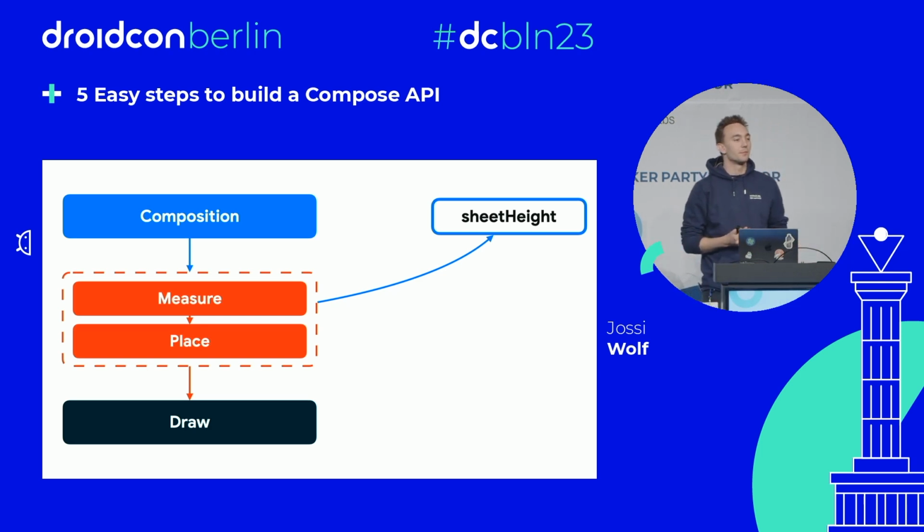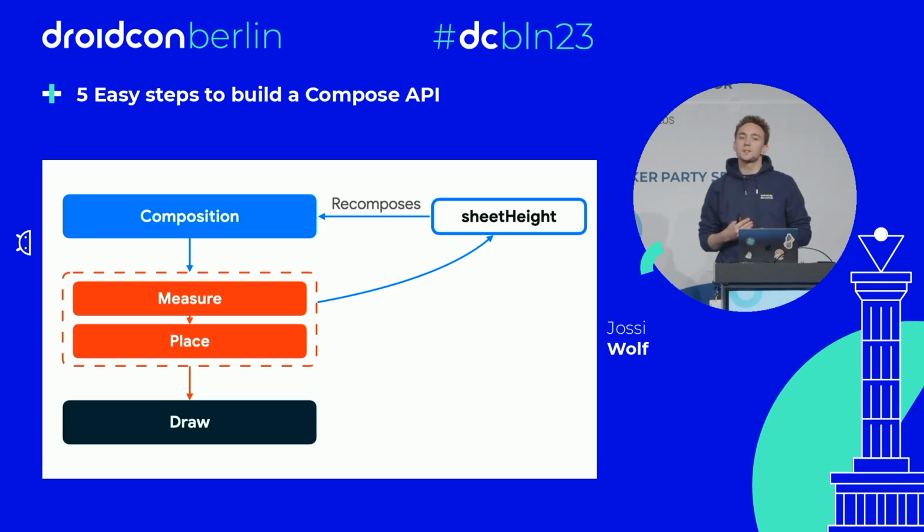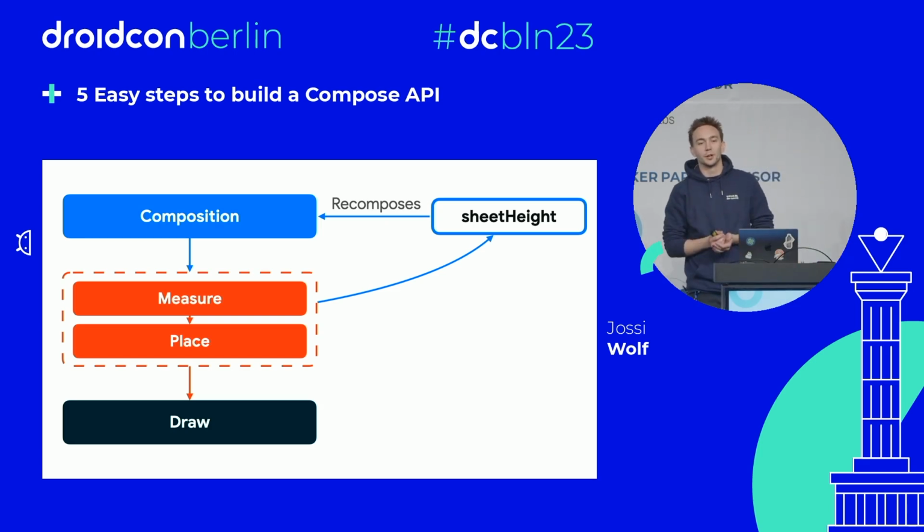So you get that from measuring your component, and that's only when you have the sheet size available. Now, composition happens before, so you're trying to rely on data that you will only have later on, which means that you will need to recompose.